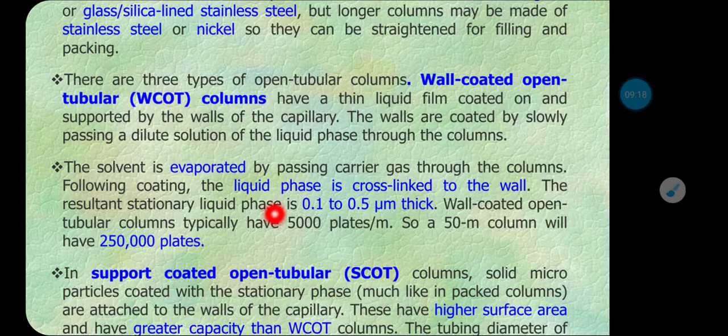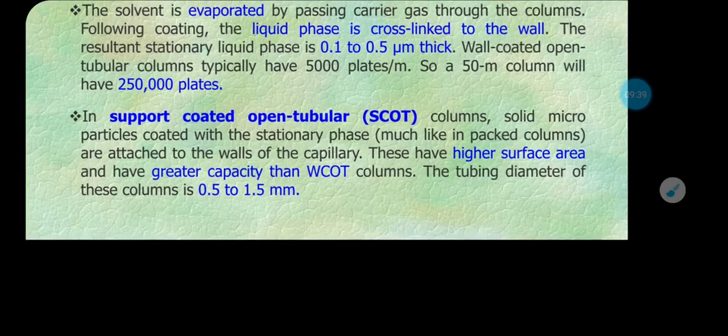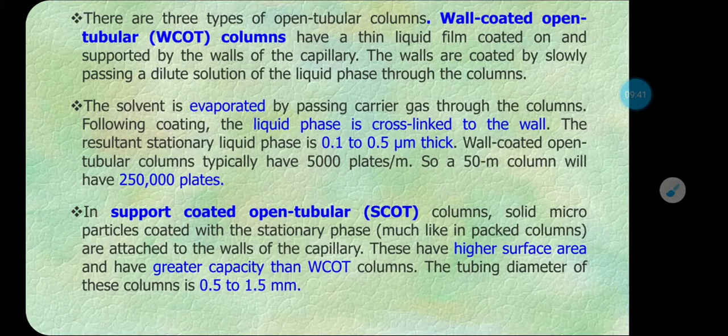Wall coated open tubular columns typically have 5000 plates per meter, which means very high separation efficiency. So an average 50 meter long column has 2.5 lakh theoretical plates, that means 2.5 lakh equilibrium plates are set up between the stationary and mobile phase, which means very high separation efficiency.